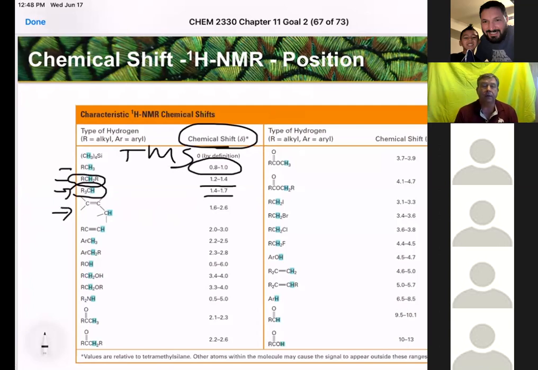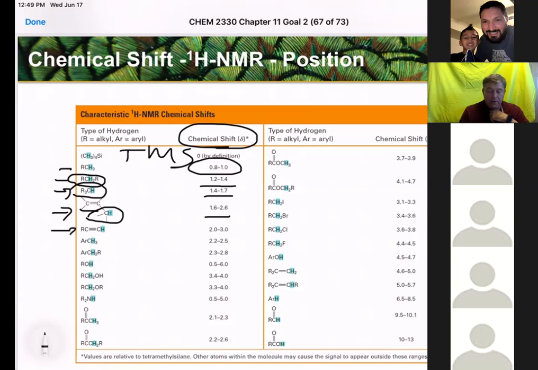What's a double bond going to do? A double bond is going to help shift those adjacent methylenes higher still. So notice that the hydrogen that's shifted up from a double bond is a little bit higher than just having 3 carbons on it. And then our acetylene hydrogen shifted even higher.